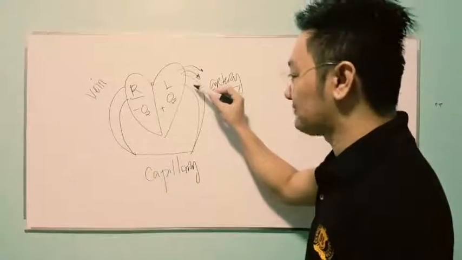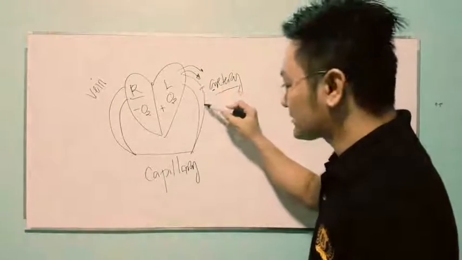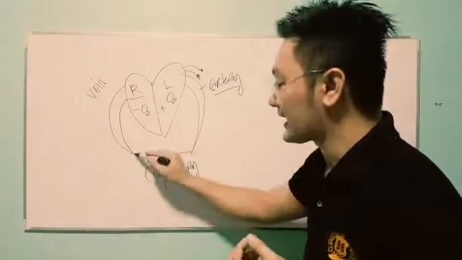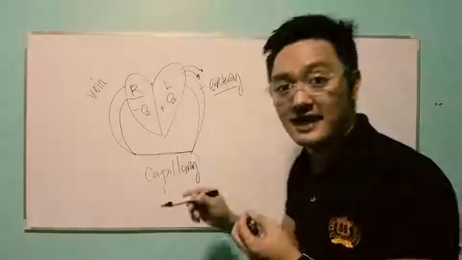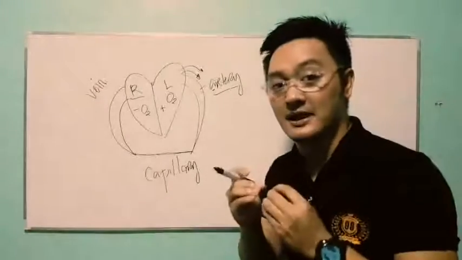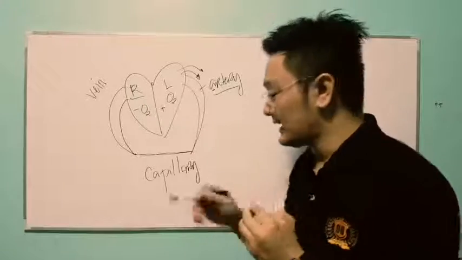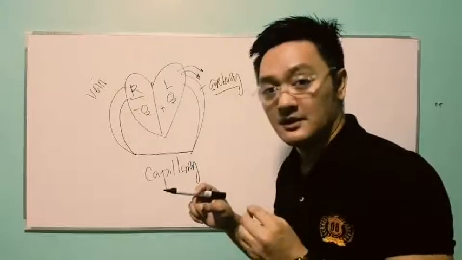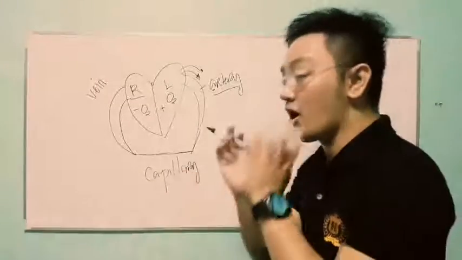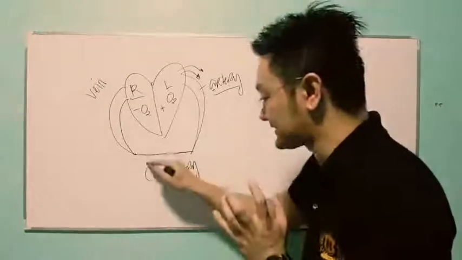When that oxygenated blood enters an artery, it enters a small portion called the arteriole until that blood passes the capillary area. Remember, I mentioned a while ago that the capillary has a very thin membrane. Because of this characteristic, the membrane is so permeable that as the blood passes through, the oxygen inside the blood diffuses.